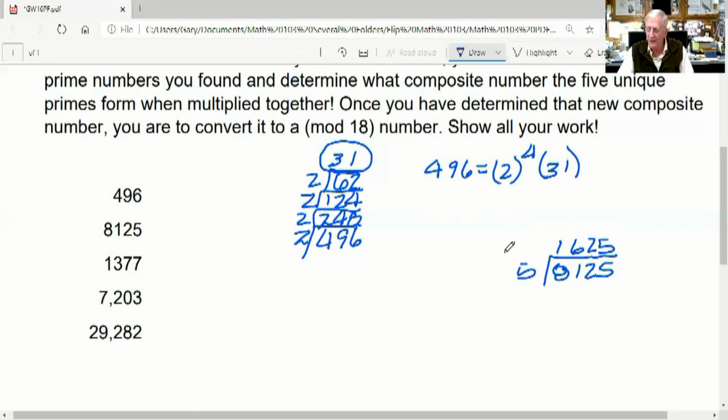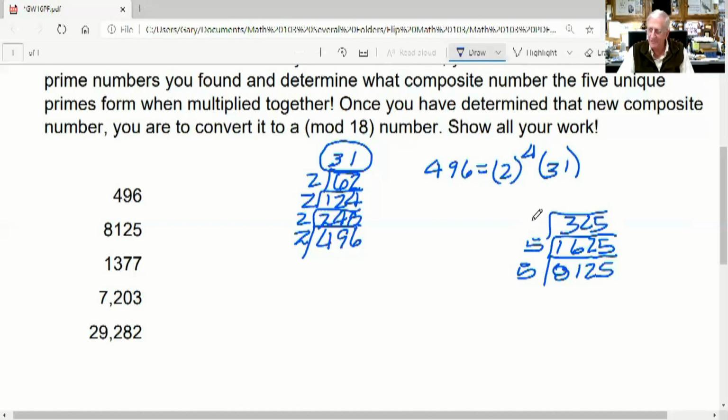1625. Well, it appears that 5 is going to be my repeating number in this number's prime factorization, because this is also divisible by 5, right? 1625 is. So I'm going to divide that by 5. And when I did, I get 325.